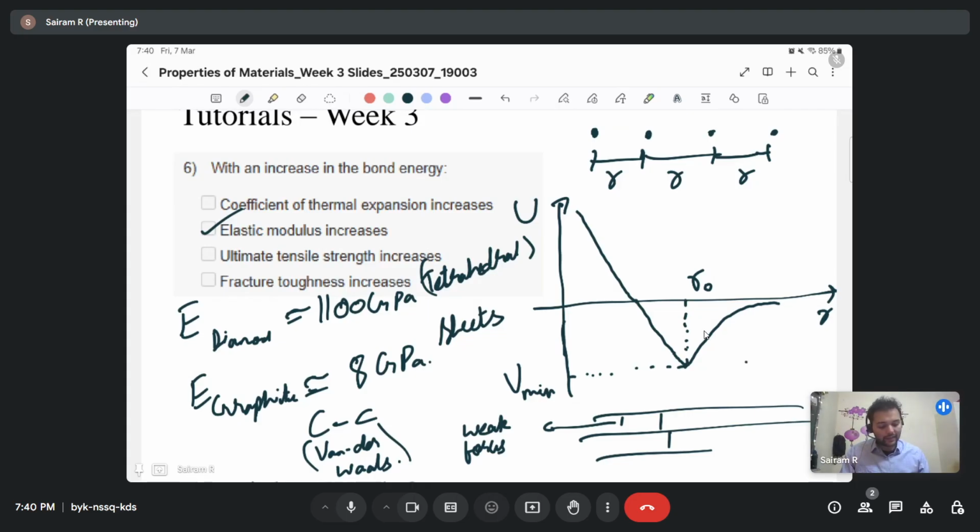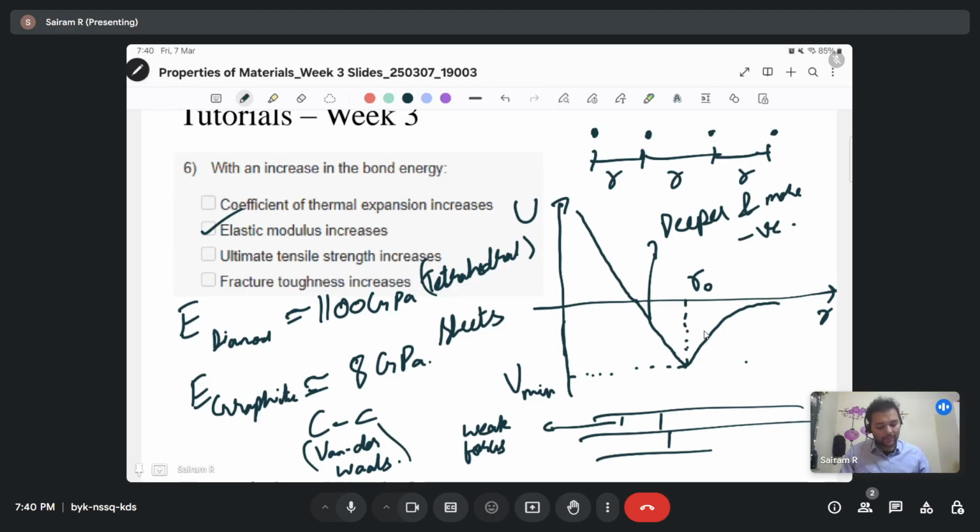Why did I explain the entire potential energy versus distance thing to explain elastic modulus? For atoms or elements with higher bond energy, this U versus R curve is going to be deeper and more negative.